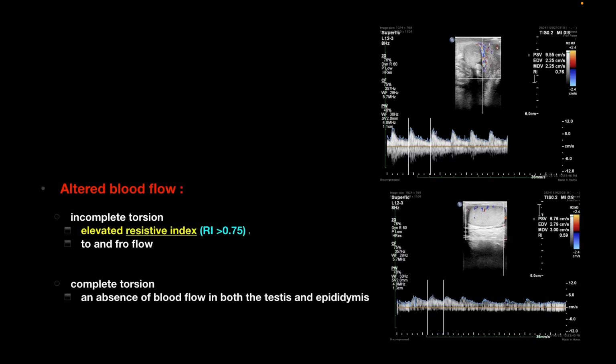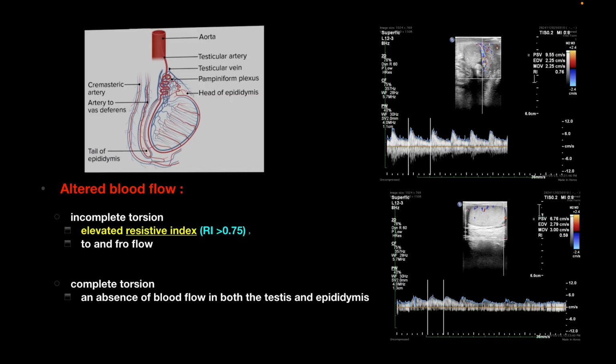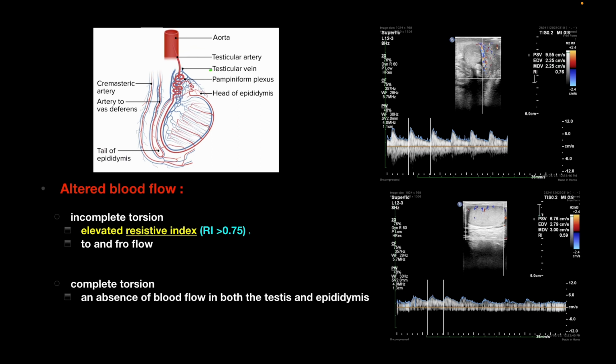Now, what is the supply of the testes? It is mainly supplied by the testicular artery and also by the cremasteric artery and pampiniform plexus. I said my diagnosis is complete testicular torsion. Why did I say this? Because there are two types of torsion, incomplete and complete.